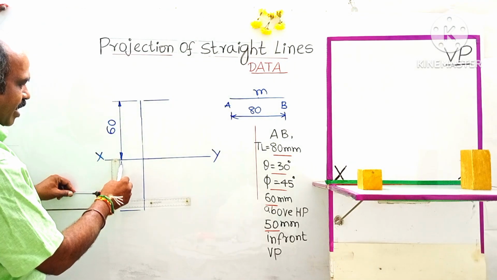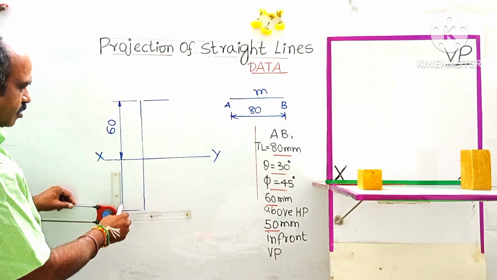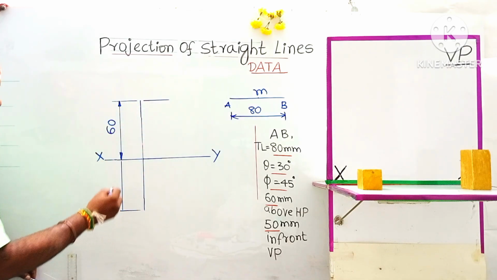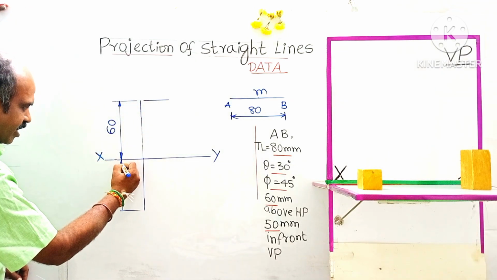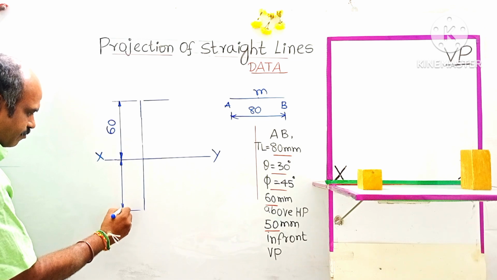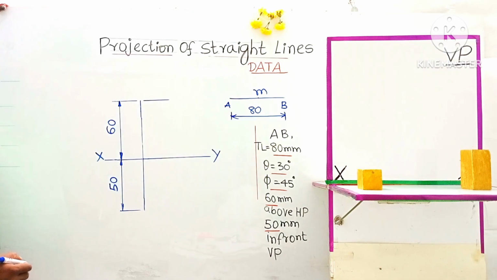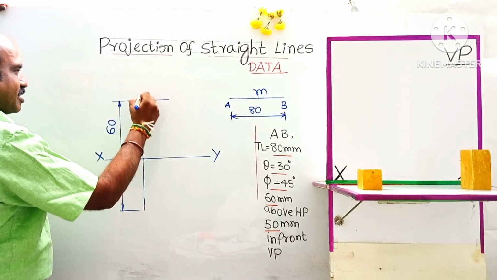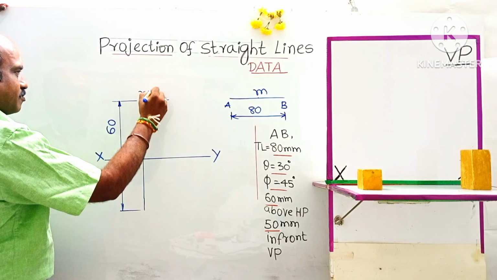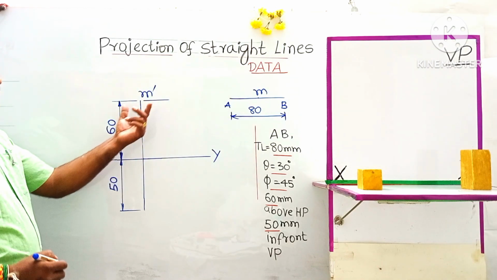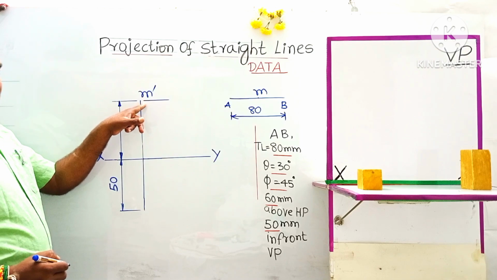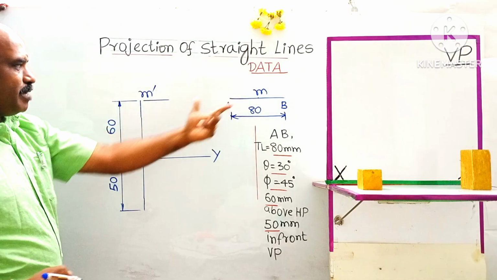Draw a dimension line parallel to the projection line. Put in narrow arrows, shade the arrows, and write the distance as 50, at the center of the line, parallel to the line. Let this point be marked as M dash.